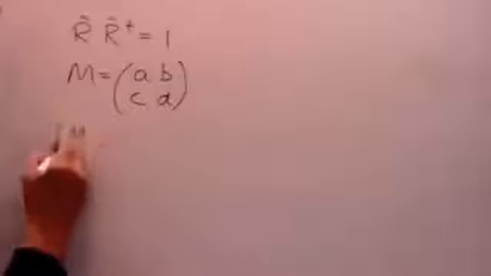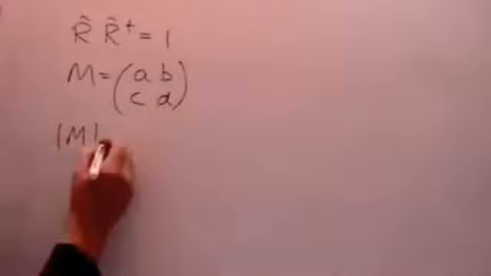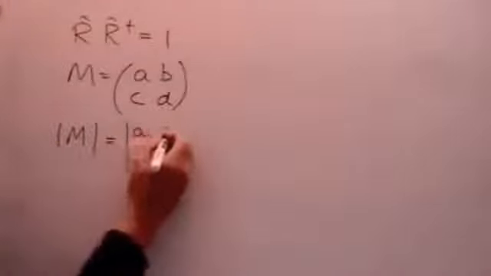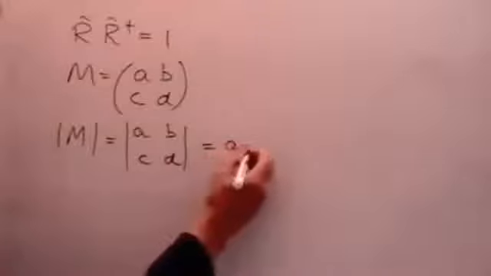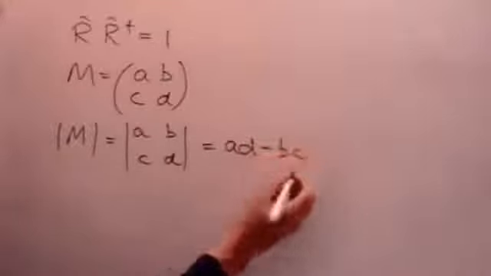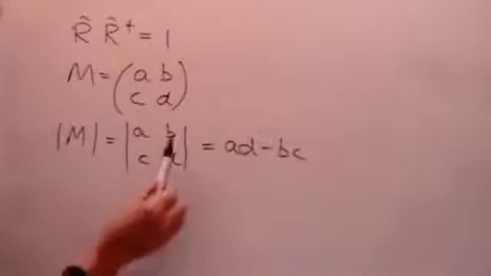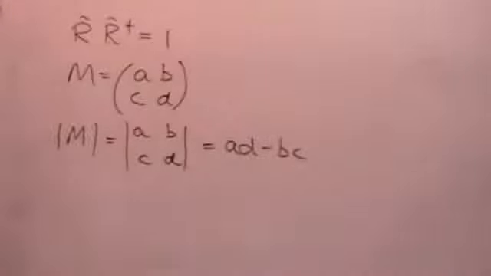If the matrix is, I'll just do a 2x2 matrix, if the matrix is given by A, B, C, D, then the determinant, which we show by putting straight lines on either side, is equal to A, B, C, D in straight lines. That means determinant. And its value is AD minus BC. That is to say, it is the product of the diagonal minus the product of the off diagonal.